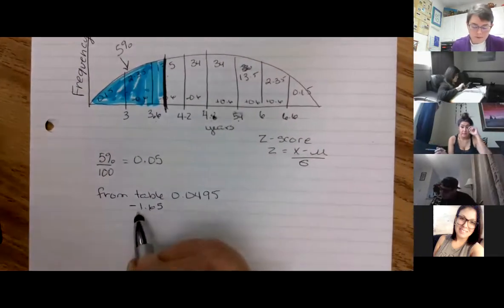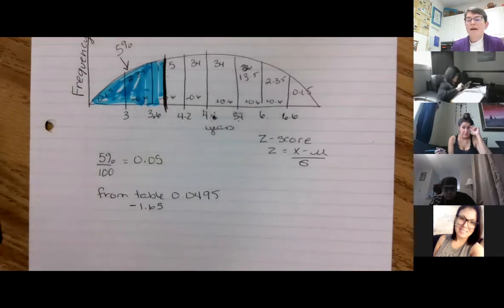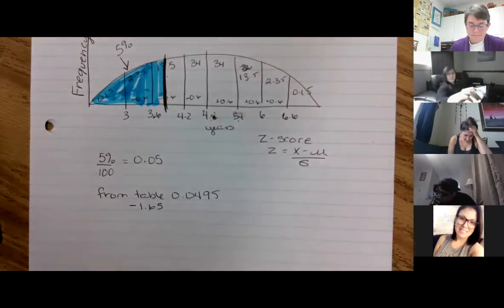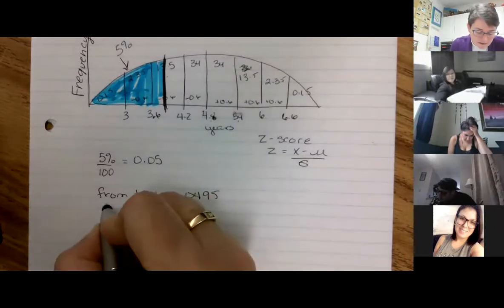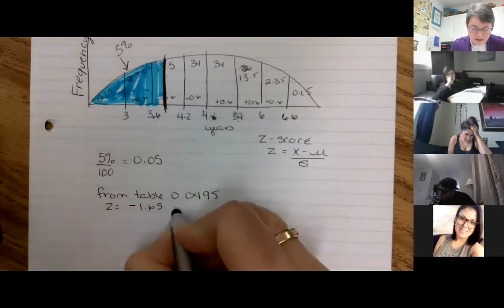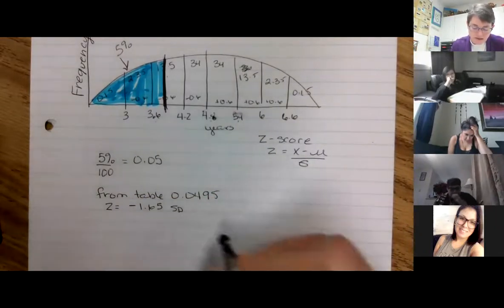Okay, so now that I have that handy dandy number, hey Harmony, what am I going to do with it? Where does it go? The Z in the Z-score. Okay, so these things are Z-scores and their standard deviation. So you're right.